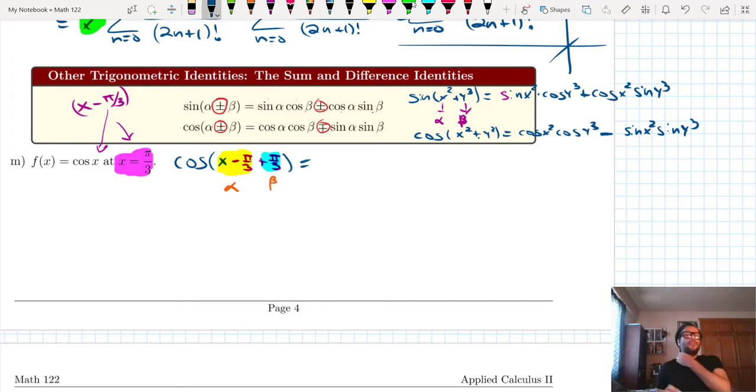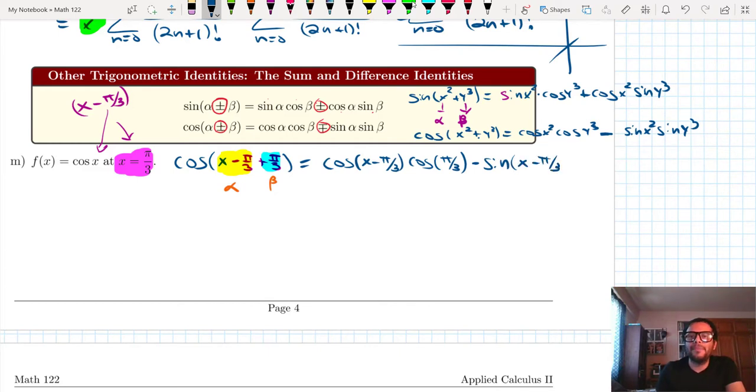So for cosine, I'm going to have cosine alpha, cosine of x minus pi over 3, times cosine beta, which is cosine of pi over 3. And then because of this plus, we're going to have a minus there. Not cosine, that's actually going to be sine: sine alpha, which is sine of x minus pi over 3, times sine beta, which is sine of pi over 3.